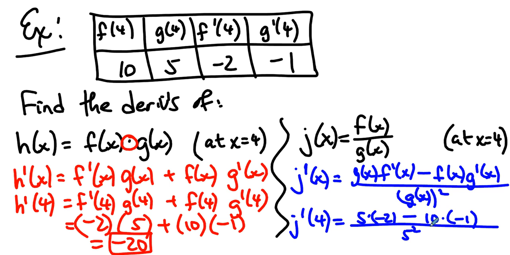And that happens to be -10 minus -10, that's 0. The tangent line to f over g at x equals 4 is flat. Okay.